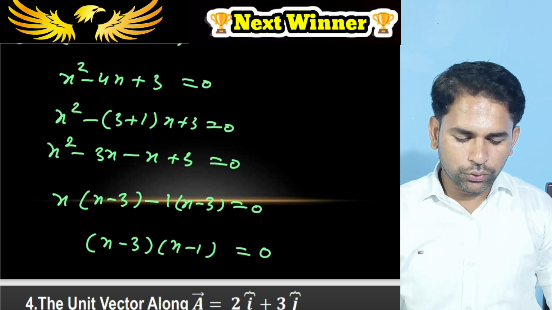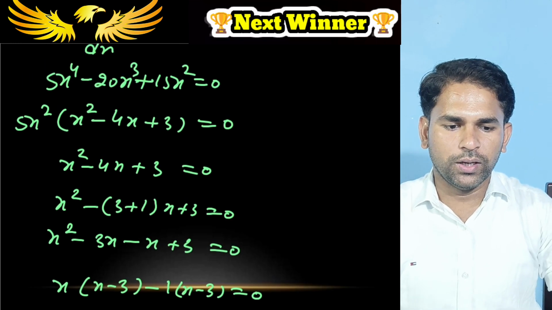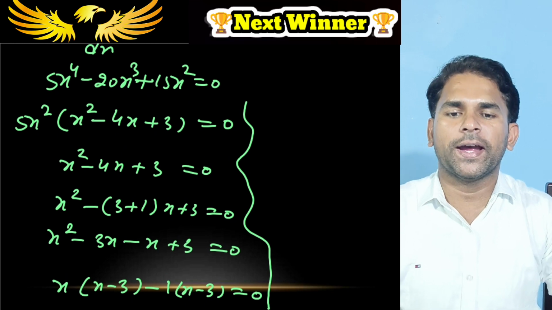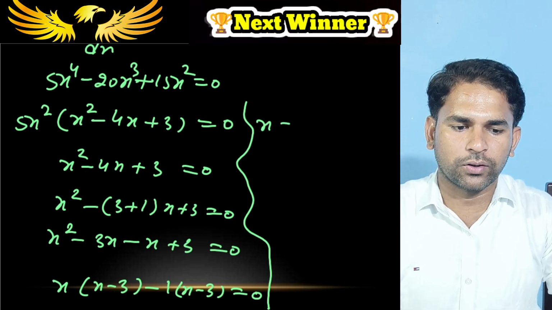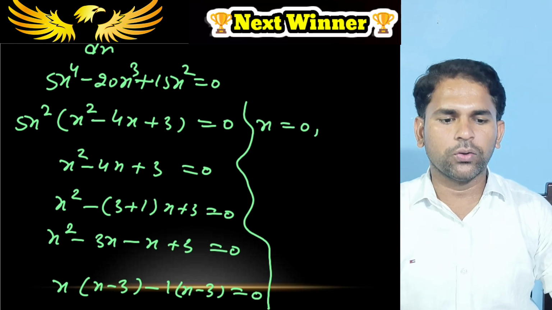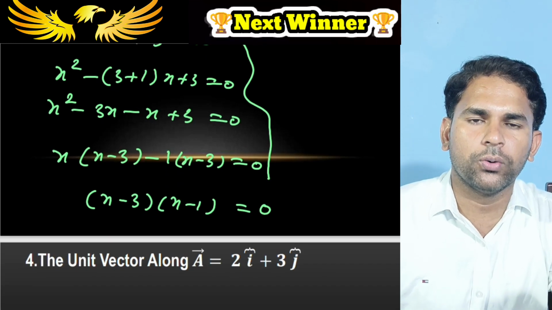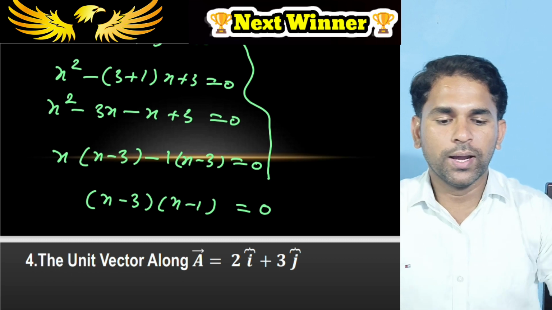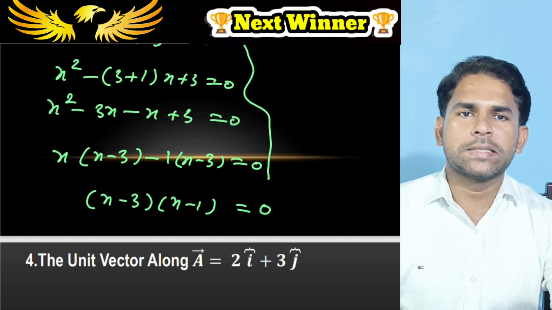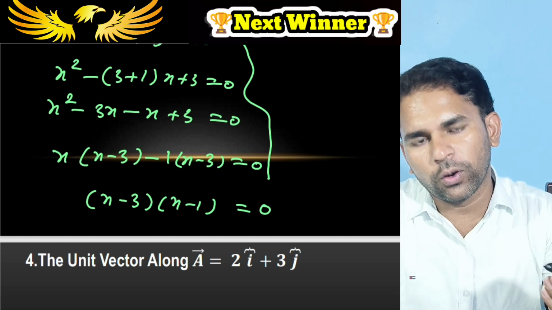So from the first condition, if you are finding the value of x, the first value you got is x is equal to 0, and now for the next value, if x minus 3 is equal to 0, you will get 3 from here, and if x minus 1 is equal to 0, you will get 1 from here.